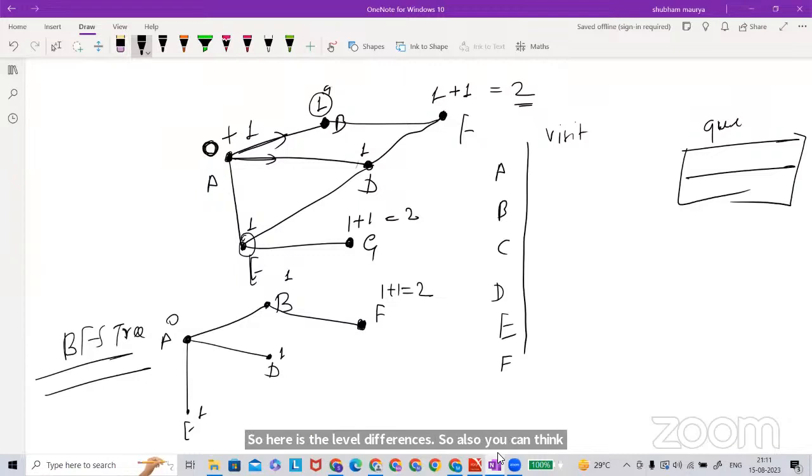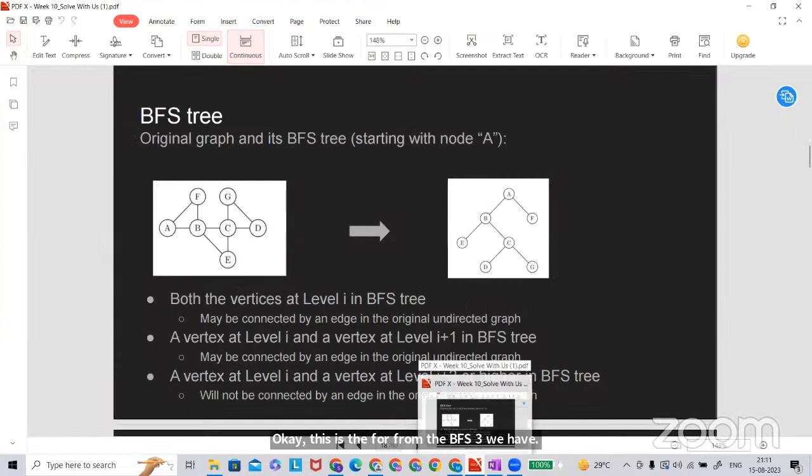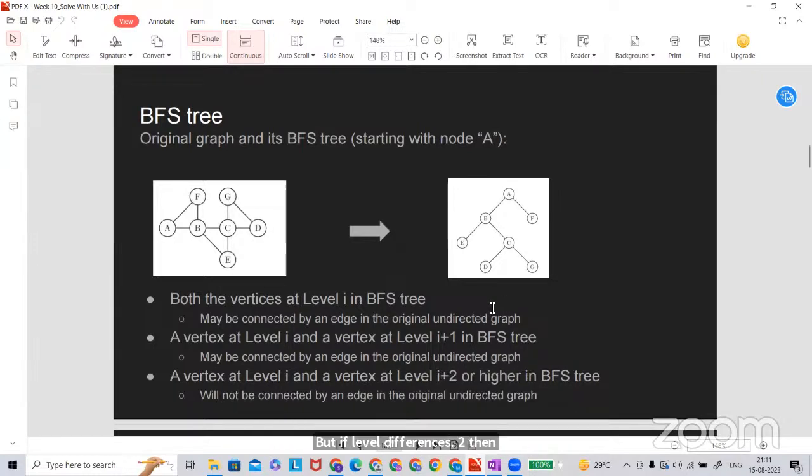So from the BFS tree, if the level difference is 0 or 1, there is a possibility of an edge, but if the level difference is 2, there will be no edge.